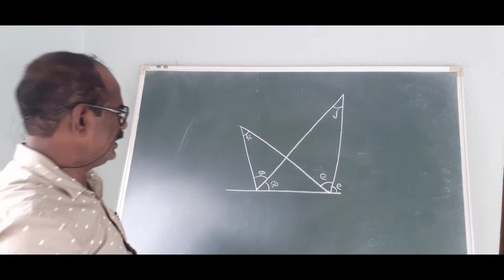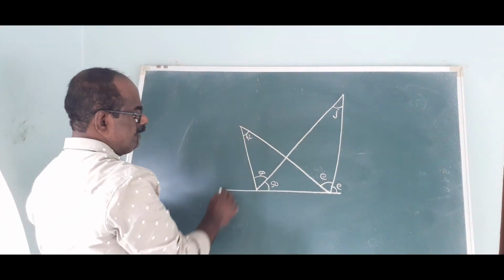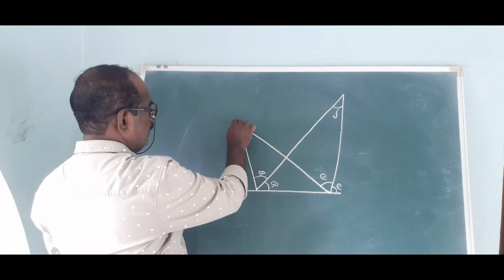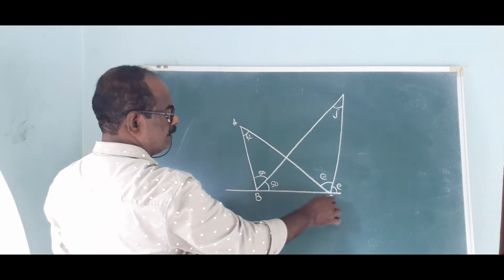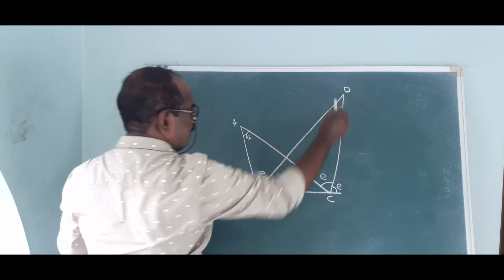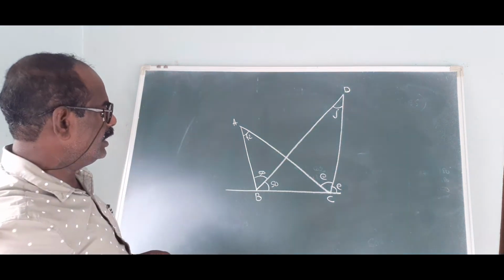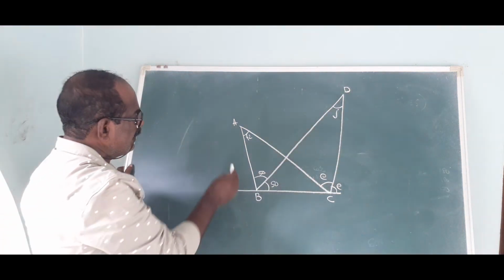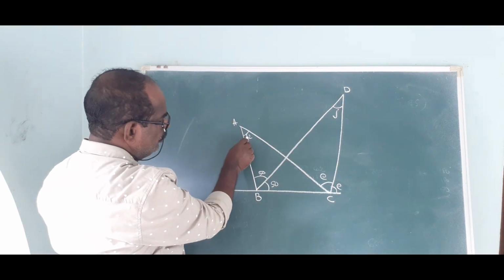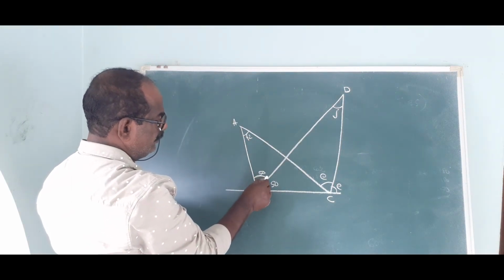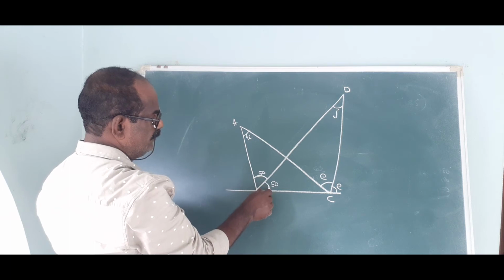This figure, what we are saying. First of all, we give the names A, B, C, D. So this is 42 degree. This angle is equal to 50 degree and this angle is equal to 50 degree.